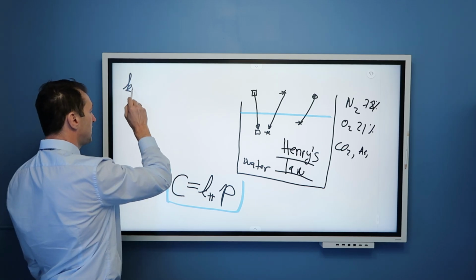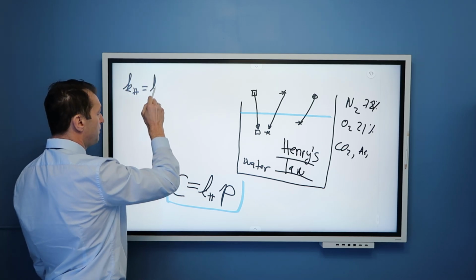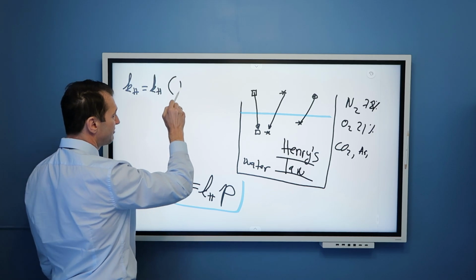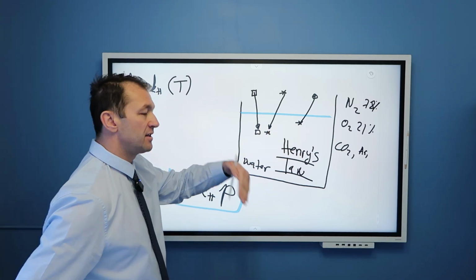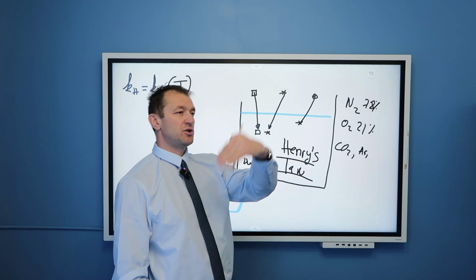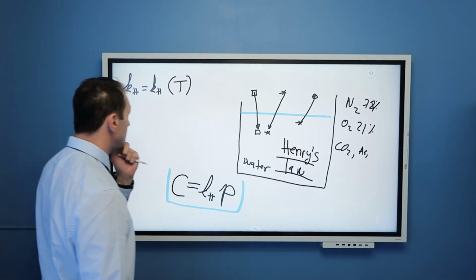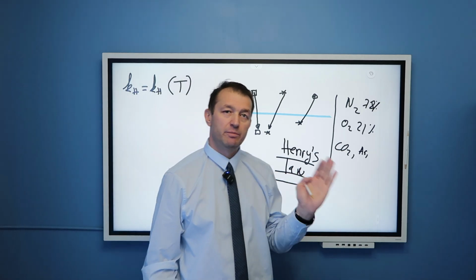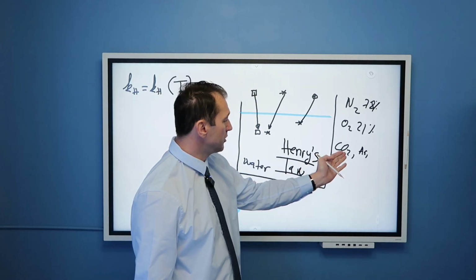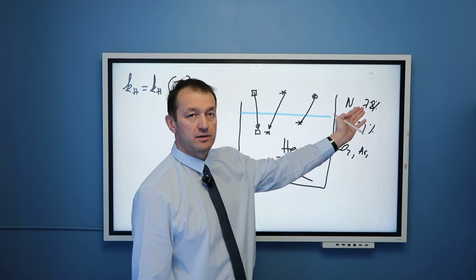And this constant Kh depends on temperature. So it's really not the actual constant. It's a constant for a given gas and given temperature. Changing gases and changing temperatures changes this Kh. Different gases have different solubility in water. For example, CO2 dissolves much easier than nitrogen.